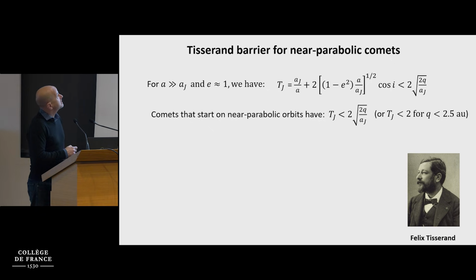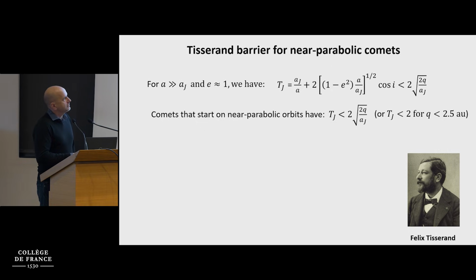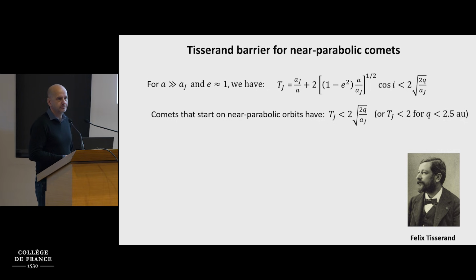So this suggests that the comets that start on very large near parabolic orbits will have a bounded Tisserand parameter. They will have relatively small values of the Tisserand parameter. So for example, if you have a comet coming closer than 2.5 astronomical units to the Sun, you can plug it in and you will find that the Tisserand parameter of all these comets will be smaller than 2.